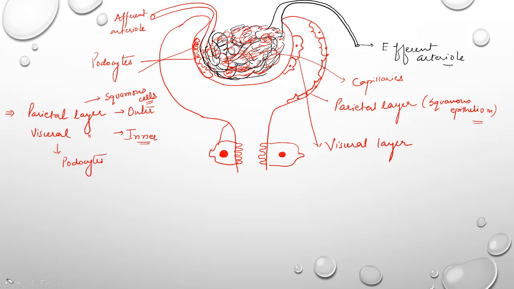One more important thing I just want to remember is the structure of the glomerular membrane. When I make you study the histology, the functional structure of the glomerular membrane is very important.